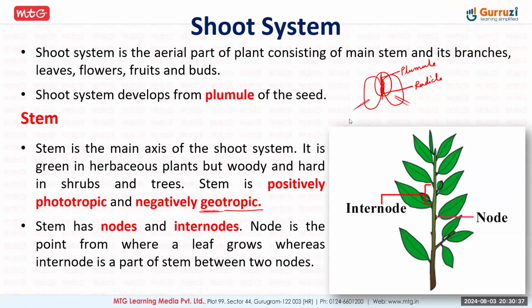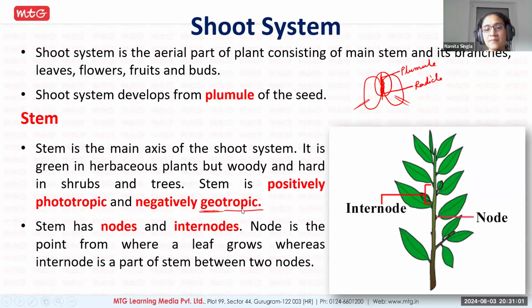Yes. Okay, Hari Govind. Ma'am, can you give me some examples of negatively geotropic and geotropic? Negatively geotropic is the stem. Stem is negatively geotropic, whereas the root is positively geotropic because root grows towards the earth. So it is positively geotropic. And the stem, and we can say leaves also, these plant parts grow towards the sunlight.